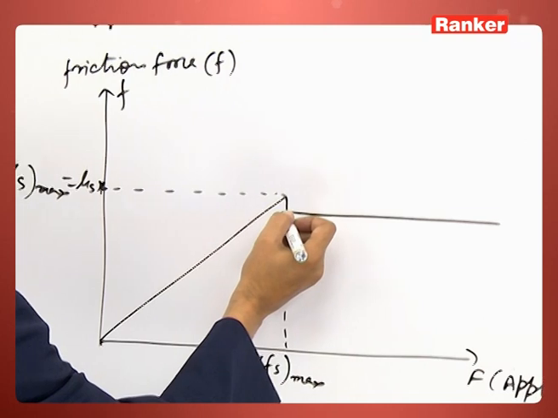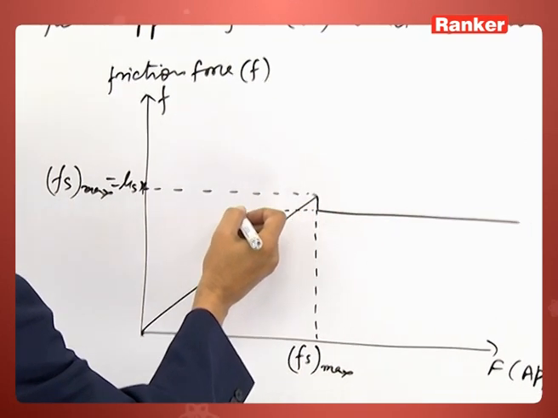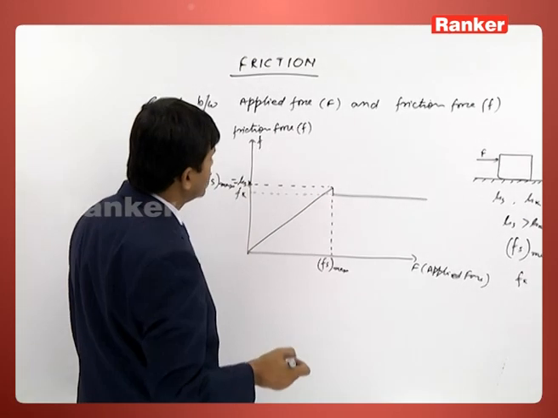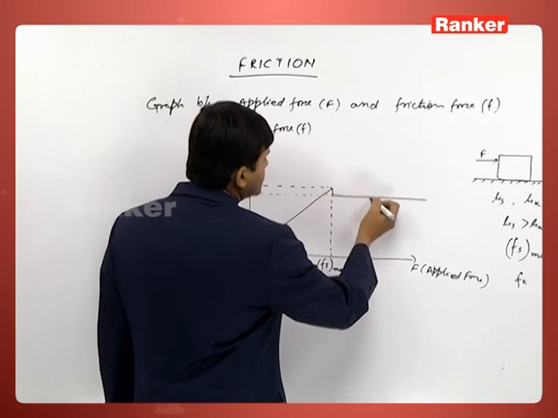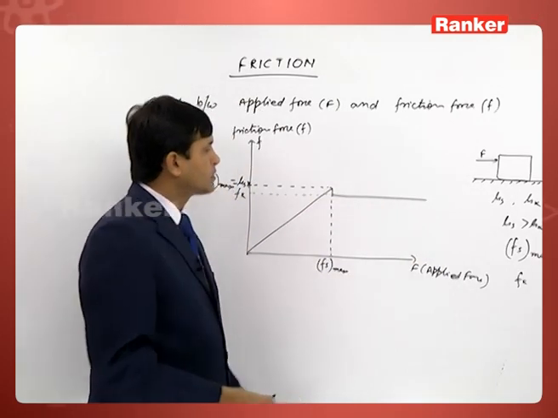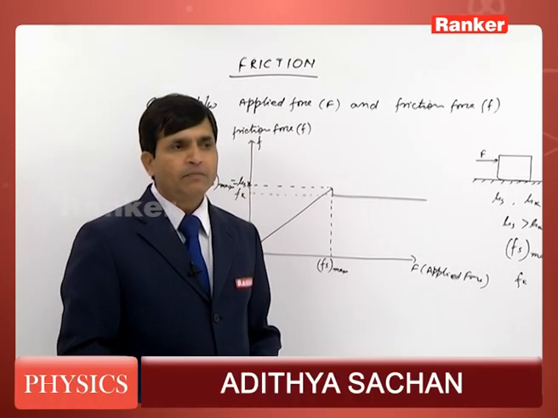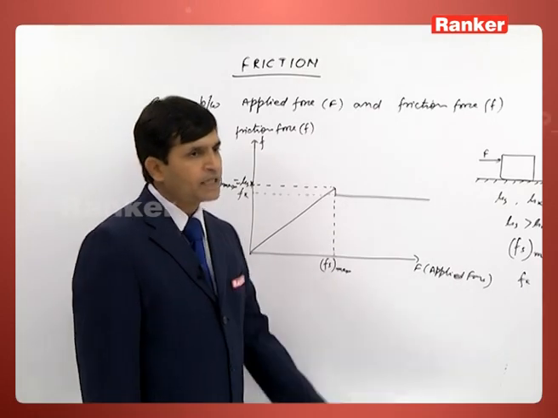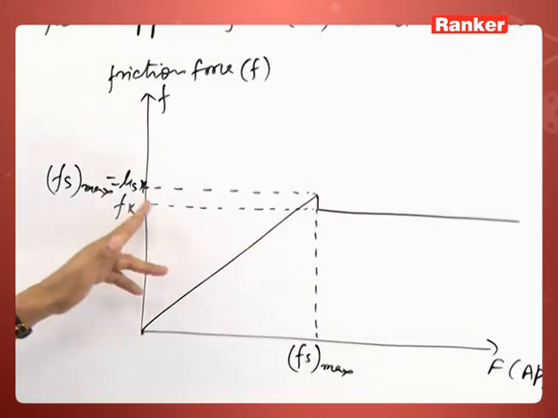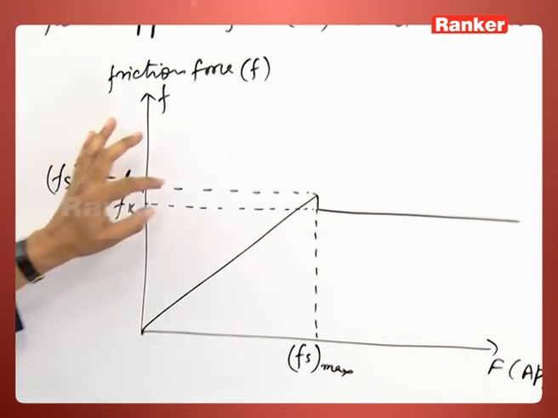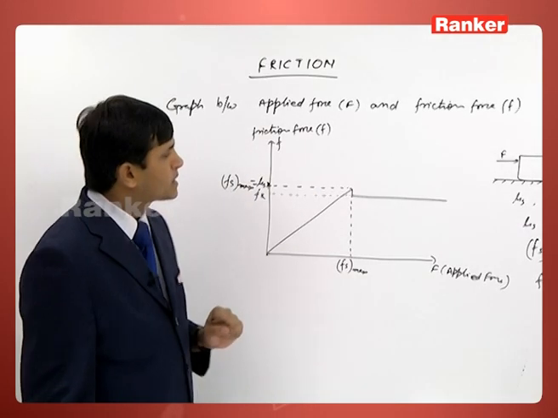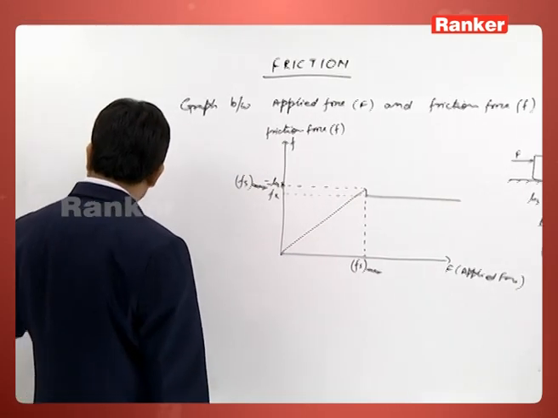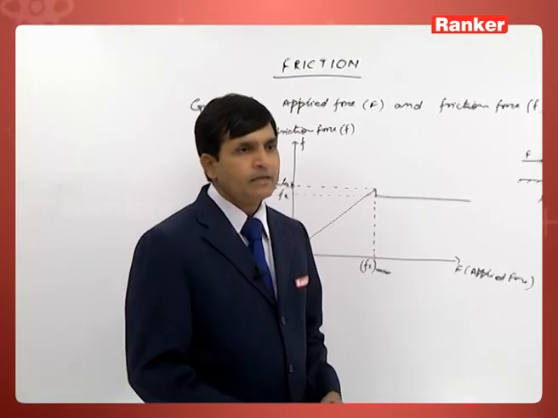So this is the kinetic friction, and this is the static friction. This type of graph we will have. Once the body starts moving, kinetic friction does not depend on the applied force. Whatever the value of applied force, kinetic friction will remain constant. So we can say static friction is slightly more than the kinetic friction. Now come to the next point, angle of friction and angle of repose.